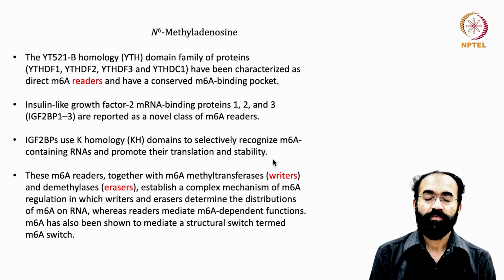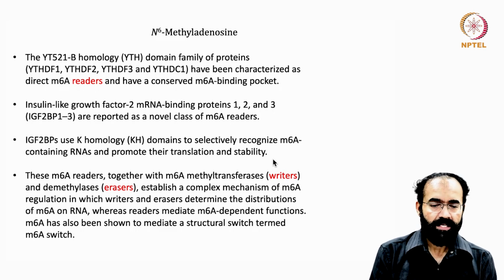Similarly, RNA facilitated by this kind of external factors, in some circumstances it is beneficial, but in some circumstances it will accelerate, it will boost up. So it's like pouring oil on a fire. So this KH domain is selectively meant for recognizing the modified RNAs.